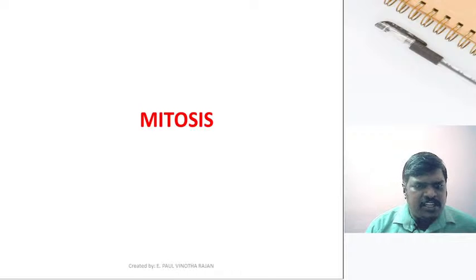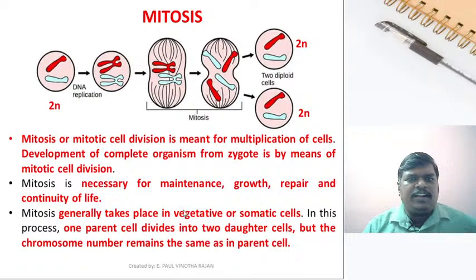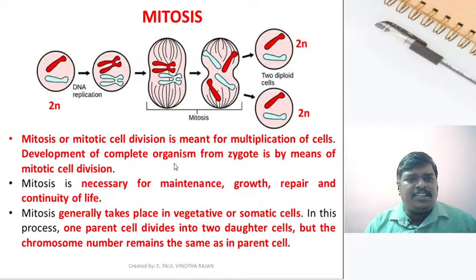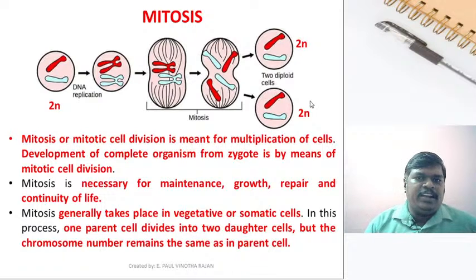Mitosis, as I mentioned earlier, is the cell division that occurs in body cells. In mitosis, the cells are diploid, 2n condition. This diploid cell undergoes cell division where it forms two daughter cells. Both daughter cells are again diploid.